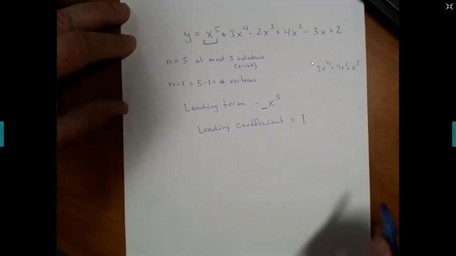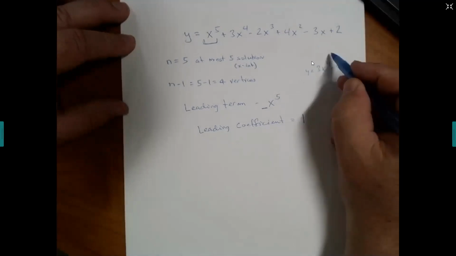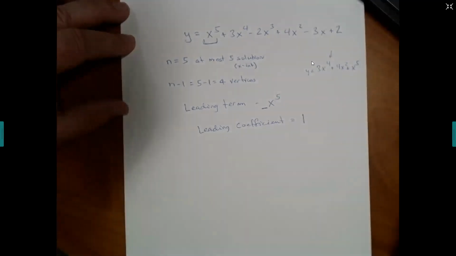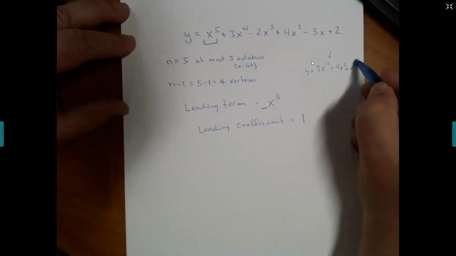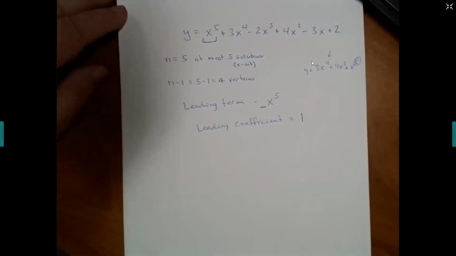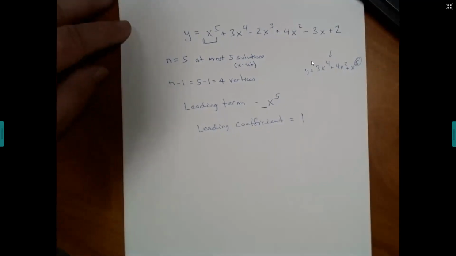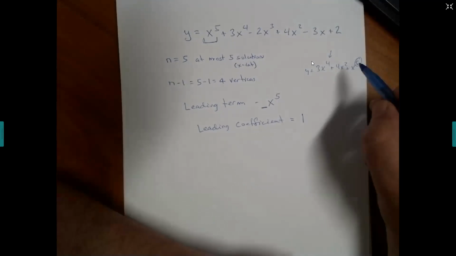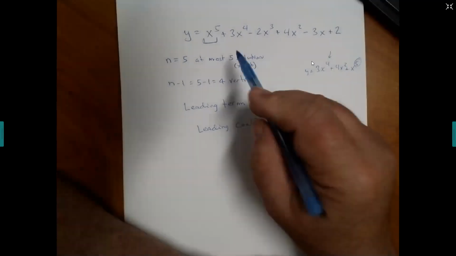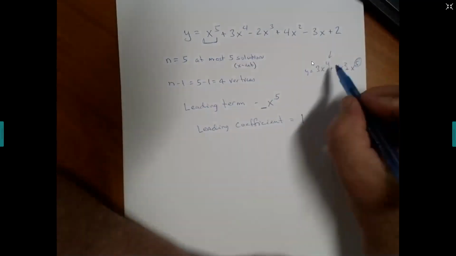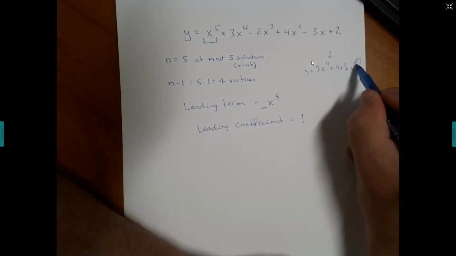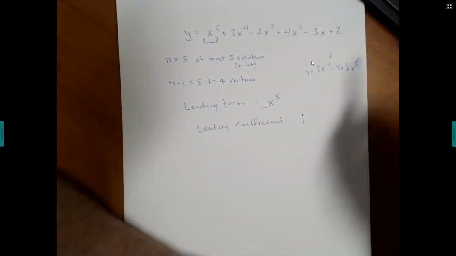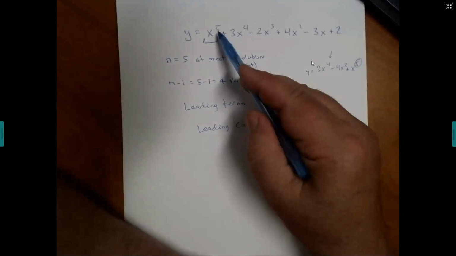What's the degree of that polynomial? People usually look at the first term. That's not the degree. The degree is the highest exponent. So make sure that it's in decreasing order, with the highest exponent first and then going down from there. And that degree tells us.